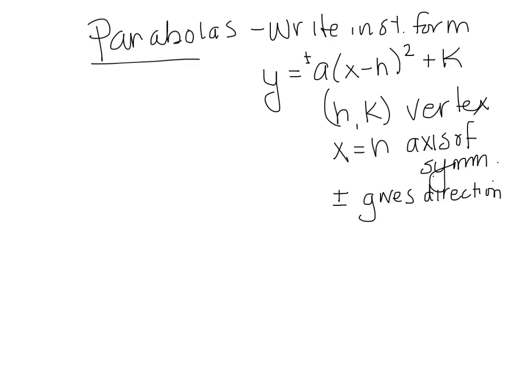The a simply tells us if it opens up tight, tall and skinny, or short and fat, that horizontal stretch or shrink. But plus or minus tells direction of opening.